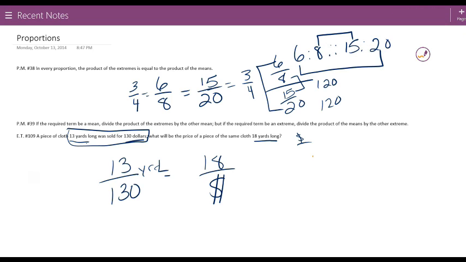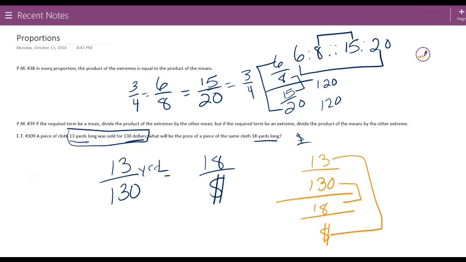So it would be 13 over 130 over 18 over however much money that is. So we have our means, we need one of our extremes. So what we're going to end up doing, we're going to multiply 130 times 18 and then divide that value by 13. All right.